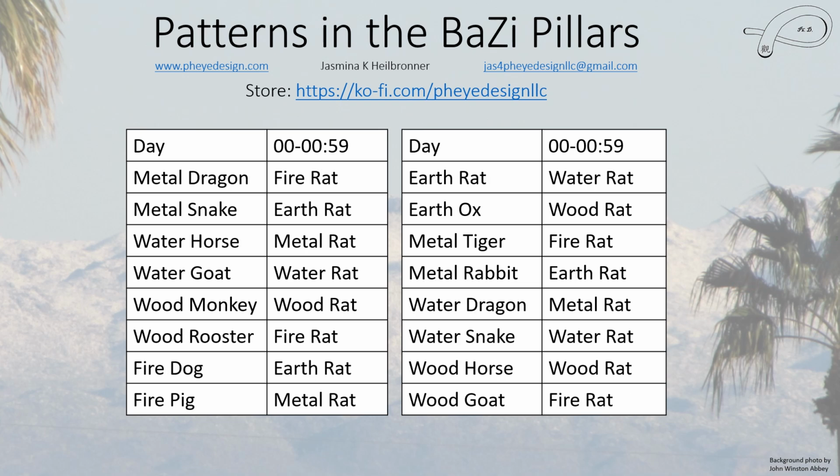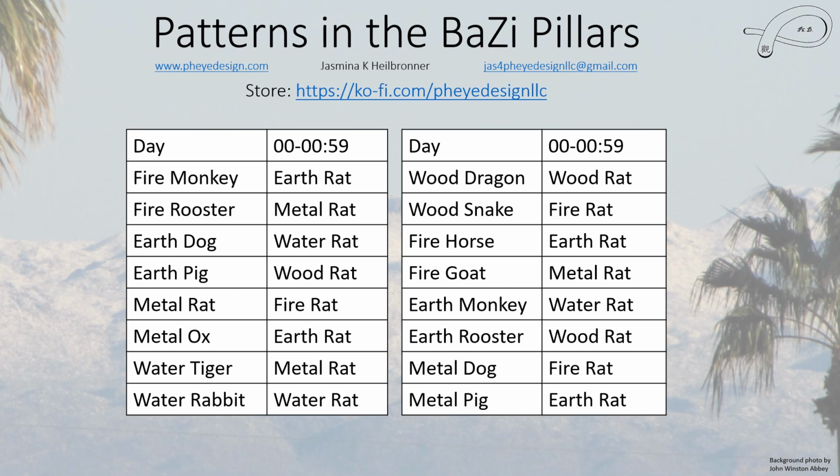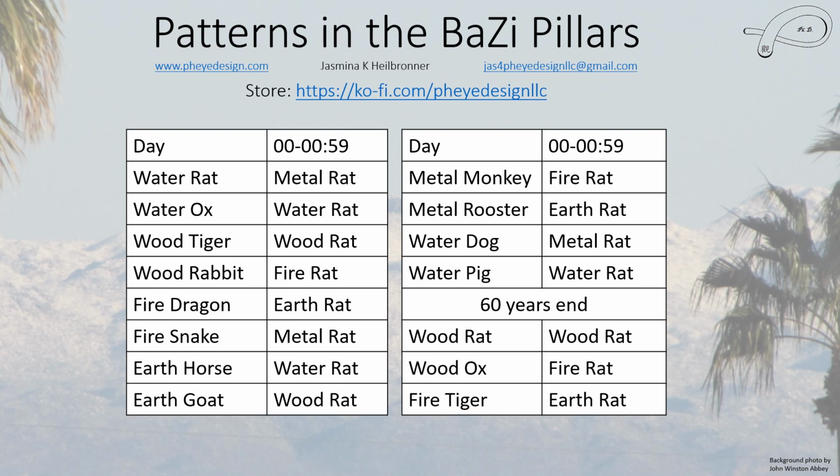And so we have the second set, the third set, and then same thing, the fourth set, water, pig, that's associated with the water rat at midnight. And the next one will be wood rat, which is where we started. So they also have a 60-year cycle.